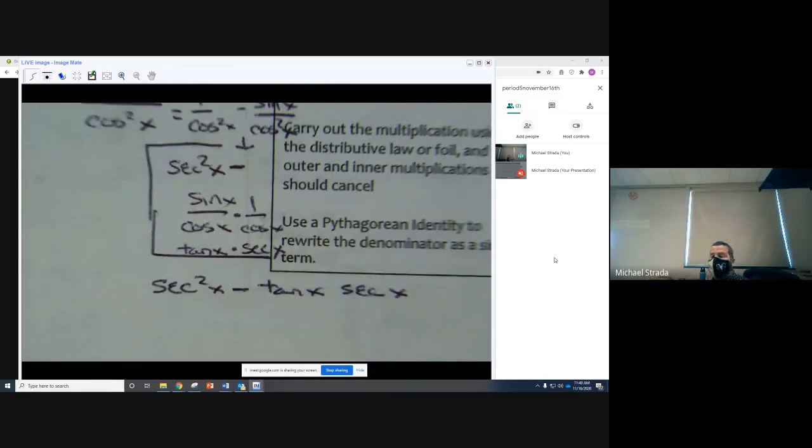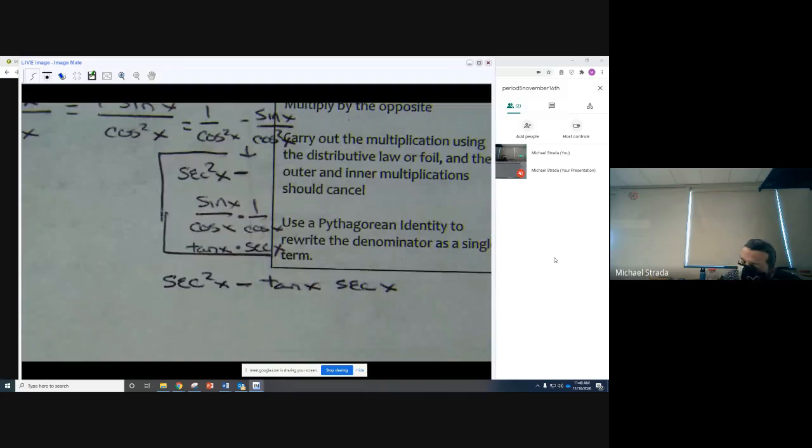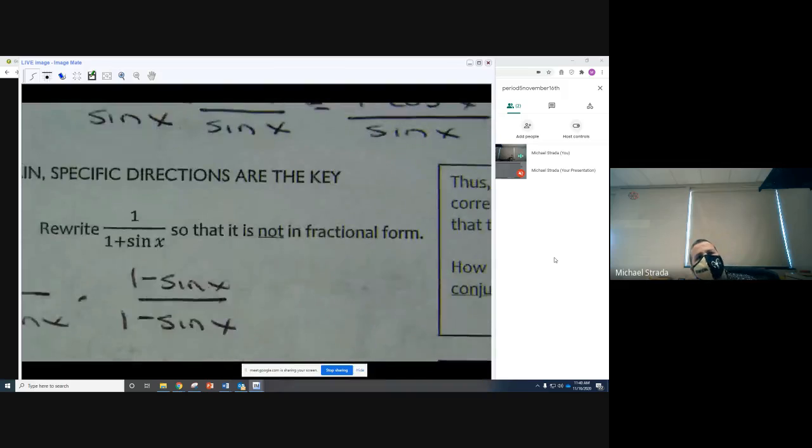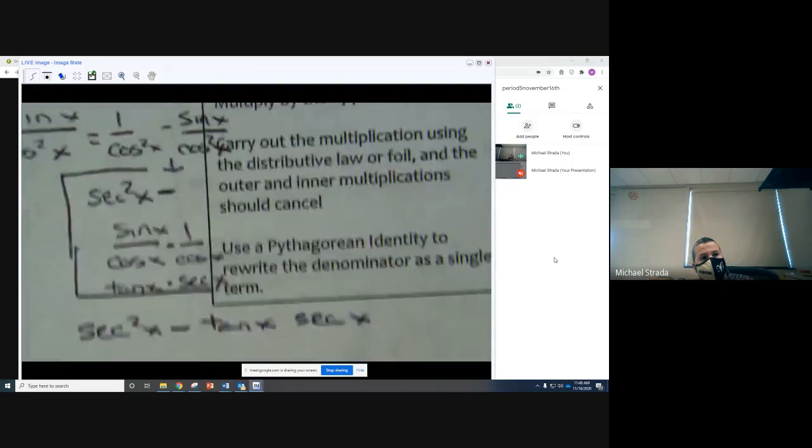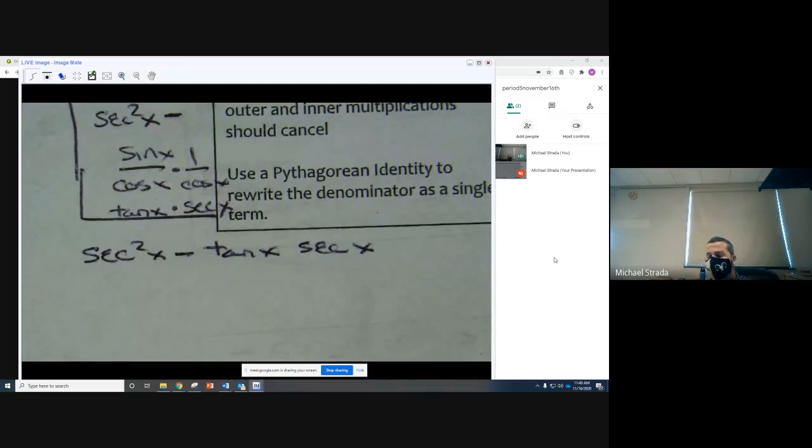Now, do they both have a secant x in them? Yes. Can you factor it out? Certainly. But here's the thing about following directions. It simply said to rewrite it so that it's not in what? Fractional form. Is that no longer in fractional form in any way? So you're done. So make sure you follow directions.